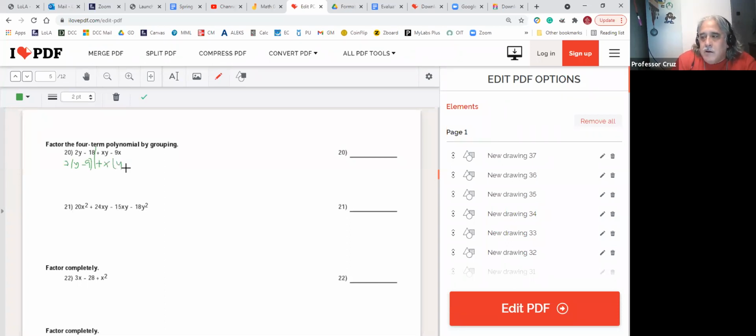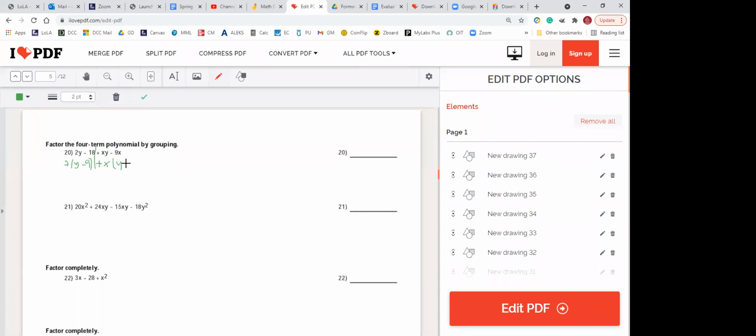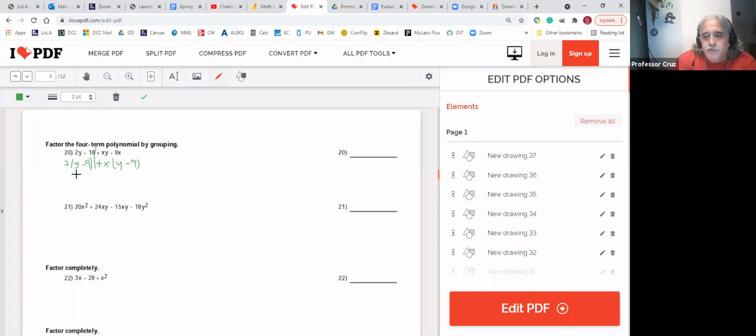And it's y minus 9. All right. So here's our repeater. You only have to write that once. And then it's 2 plus x. You could write it as x plus 2 if you wanted to, either one, since it's a positive.